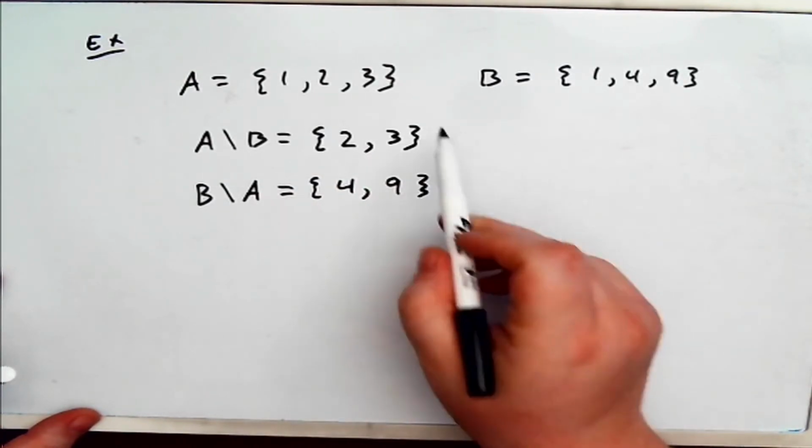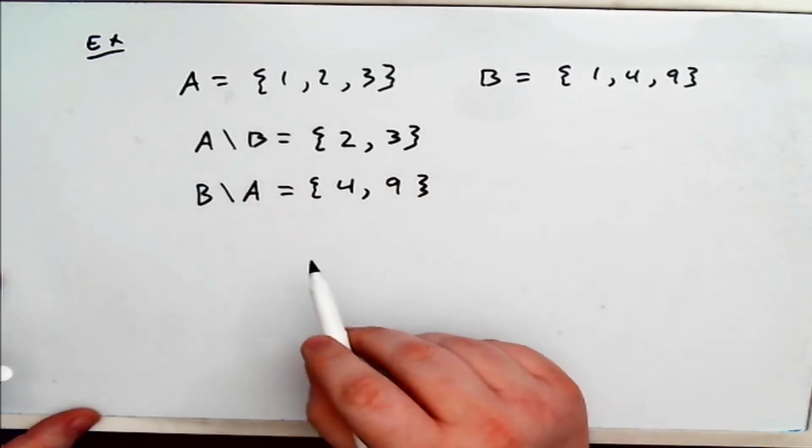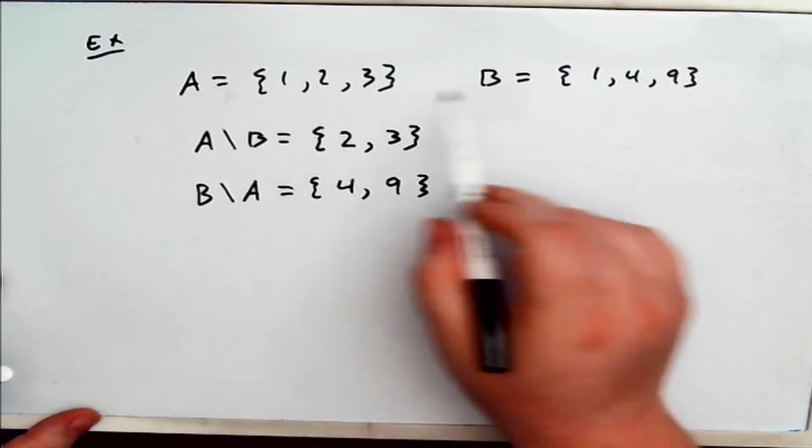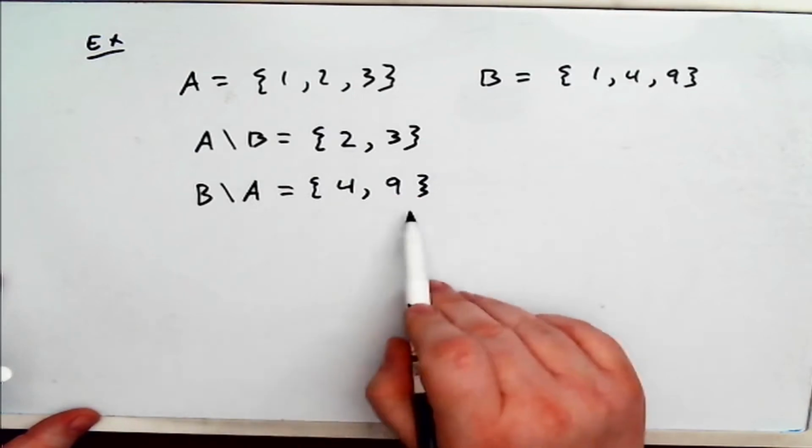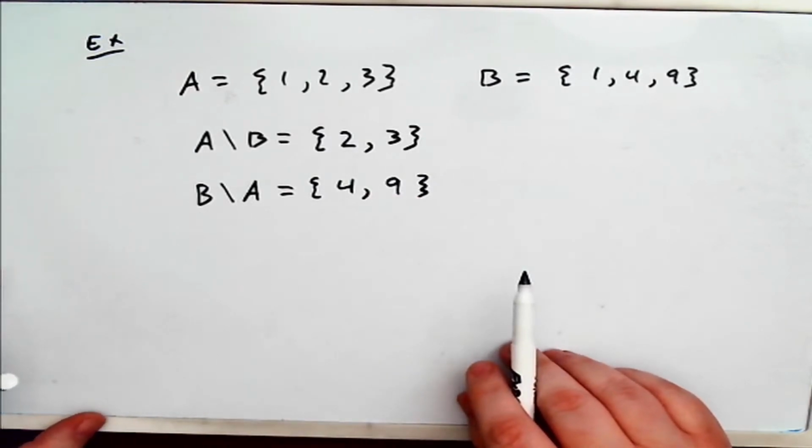And then I stop. Again, I don't consider the remaining elements in set A. I want to only remove the ones that it shares in common. And so that would be my set B subtract A. Okay.